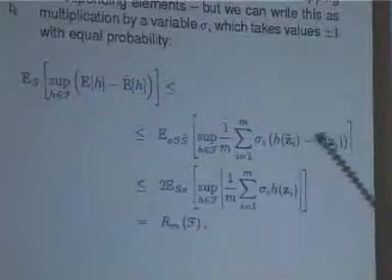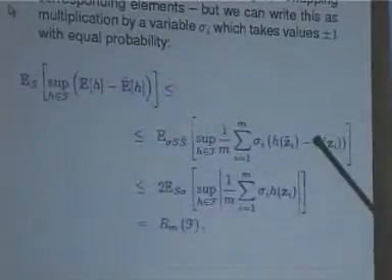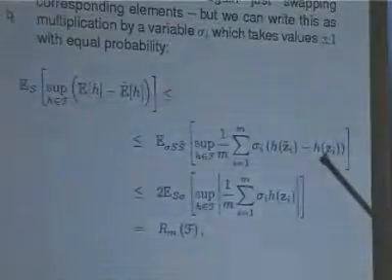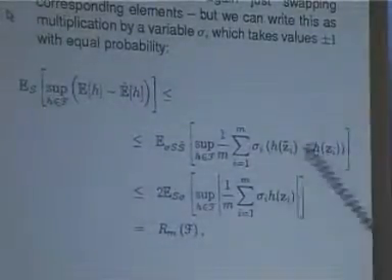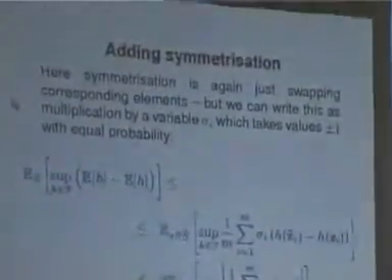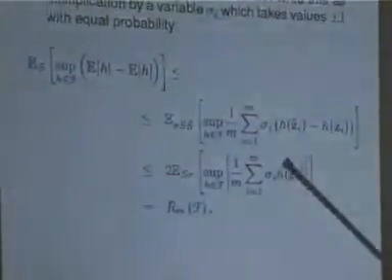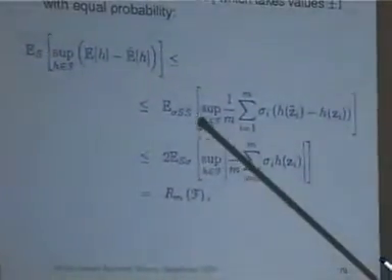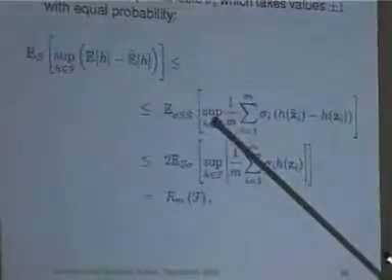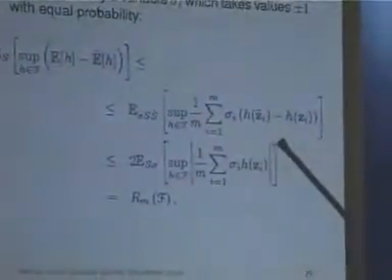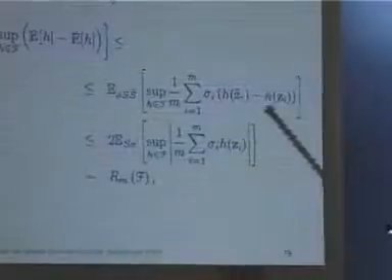That's the difference of two things, and we're going to bound that by the sum of the absolute values of the two individual sums, but they're both effectively the same sum, sum sigma_i h(z_i), expectation with respect to some sample. We're also going to take the sup into both of them, which again just increases the value because we can take the sup on either, and so we just get twice this value here.